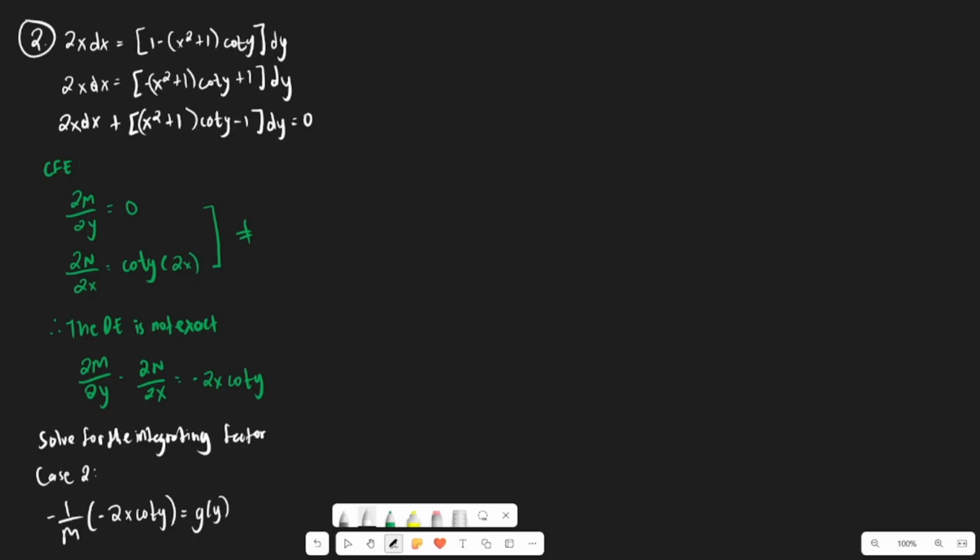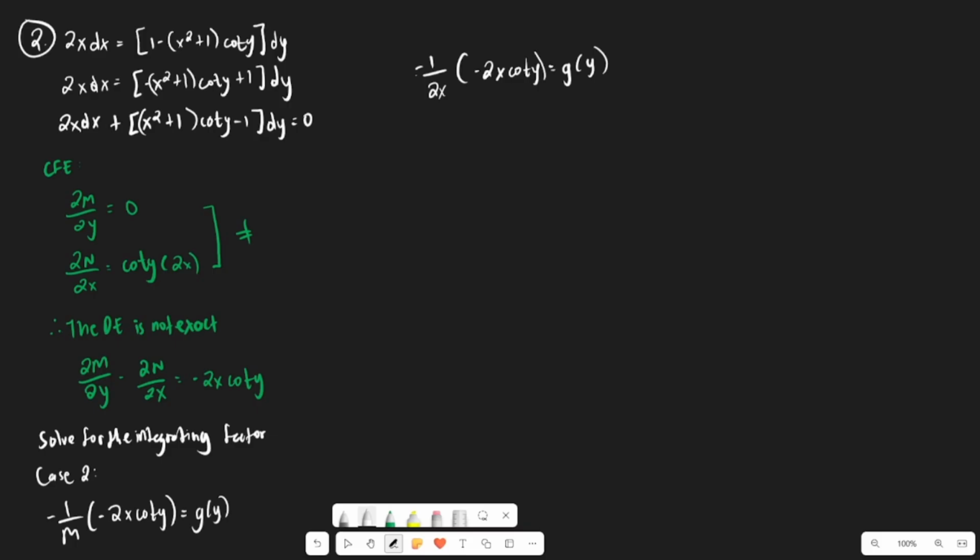Now, in this case, M is a monomial, so we will have negative 1 over 2x times negative 2x cotangent y is equal to g of y. Now, we have a negative 2x right here, so we can cancel them out.